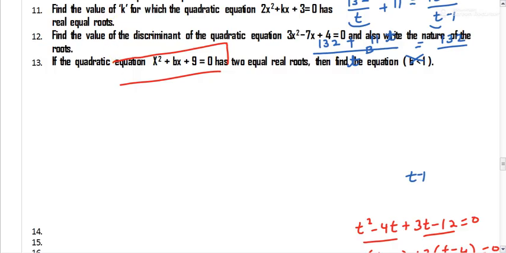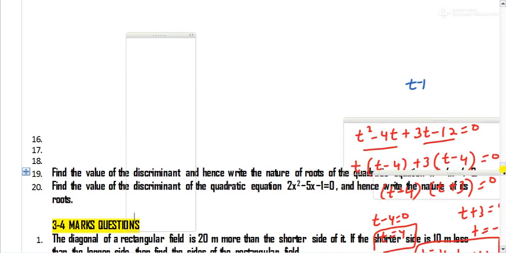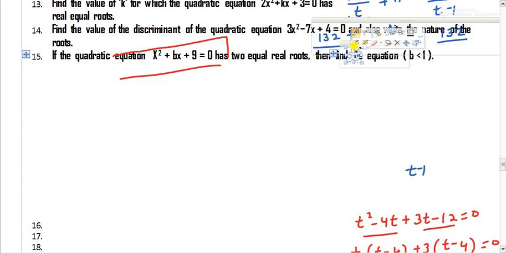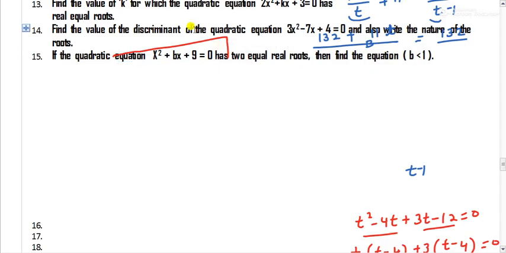The question number 13. Yes, sir. Okay. What does this question say? Yes. Can you see the question? Yes, sir. Okay.